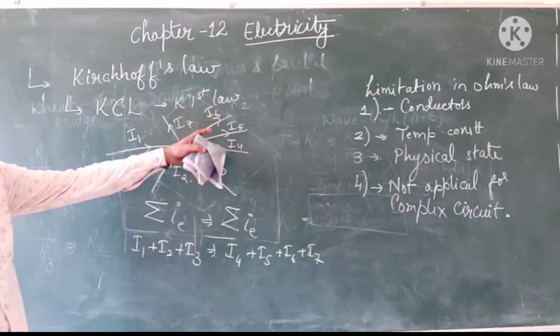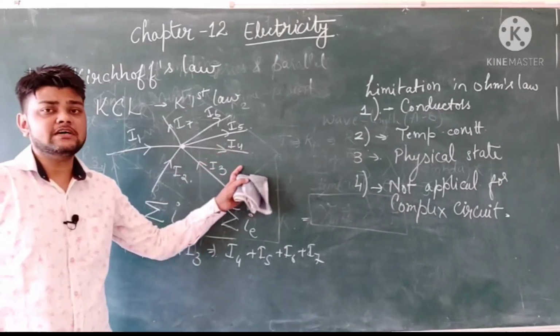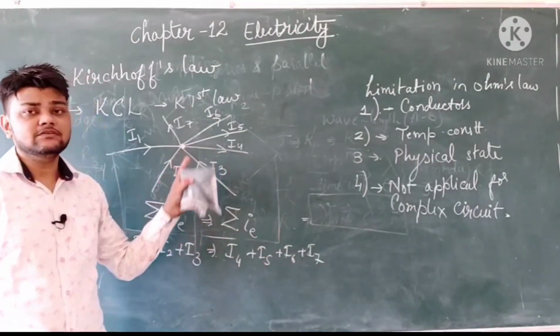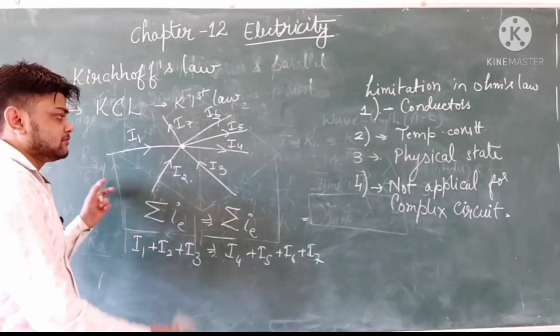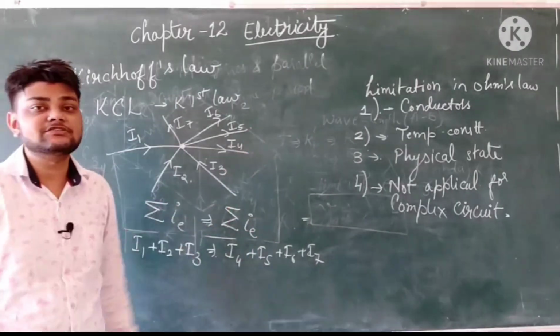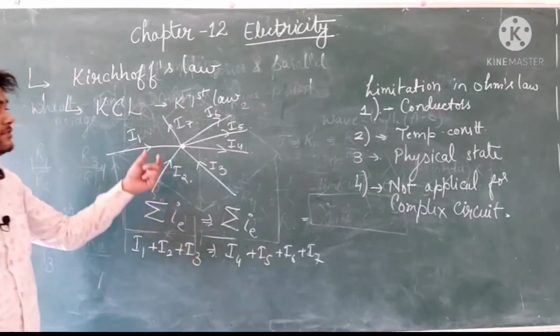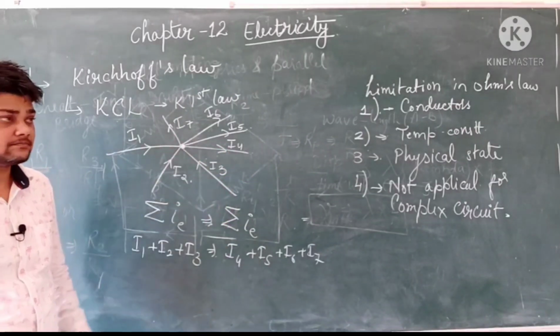It works on the law of conservation of charge, where the total amount of charge on the junction should remain the same. If any amount of current is coming to that junction, it has to leave that junction as well. If no current is coming, then there cannot be any exit.